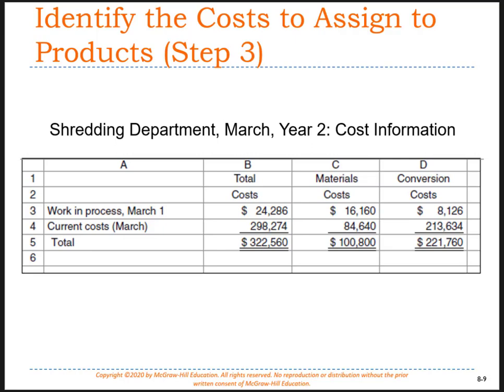Now, when weird things happen, like for instance, something goes haywire in a department, you have to pull workers in from another department, then you may need to keep track of that. But it's a little easier to keep track of because people are assigned. If that's not the case, if people work in multiple departments, now you've got an issue with trying to track that direct labor cost by department.